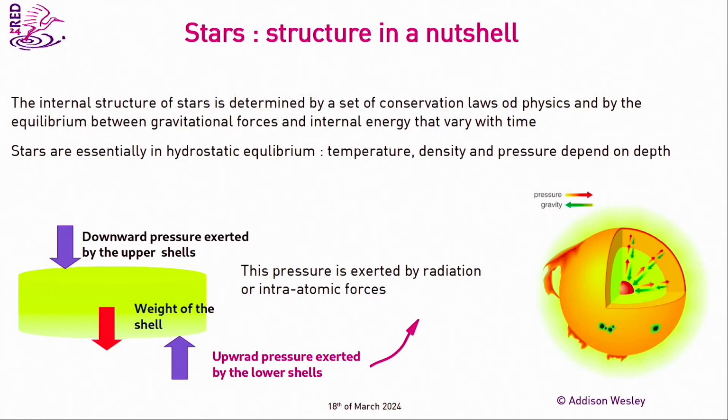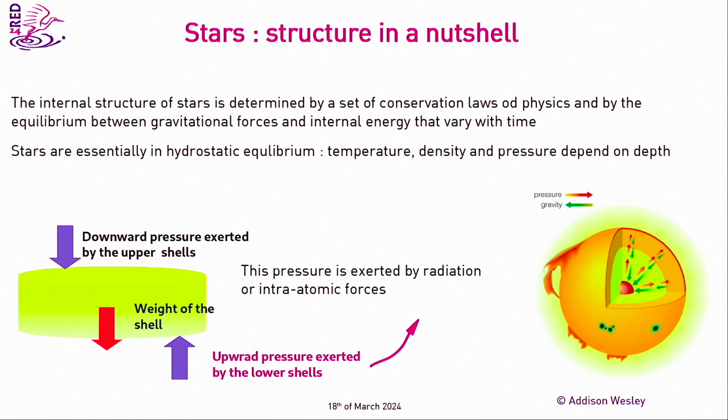So these stars are essentially in what we call hydrostatic equilibrium, which means that when you solve the momentum equation, the velocity of the plasma equation, temperature, density, and pressure depend on depth, just like when you go down in the sea or in a pool, you can really measure this stratification.